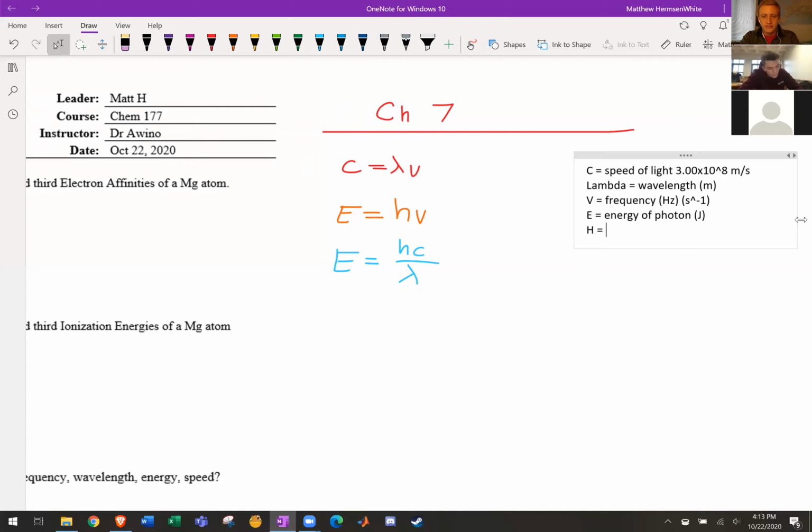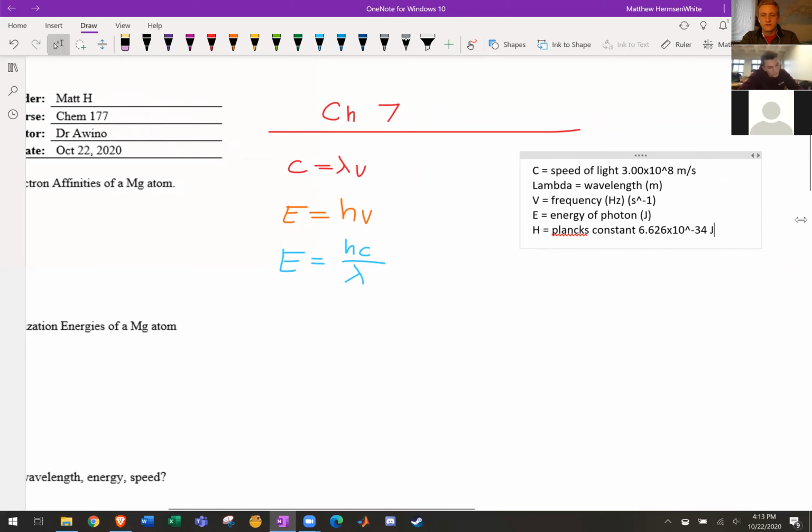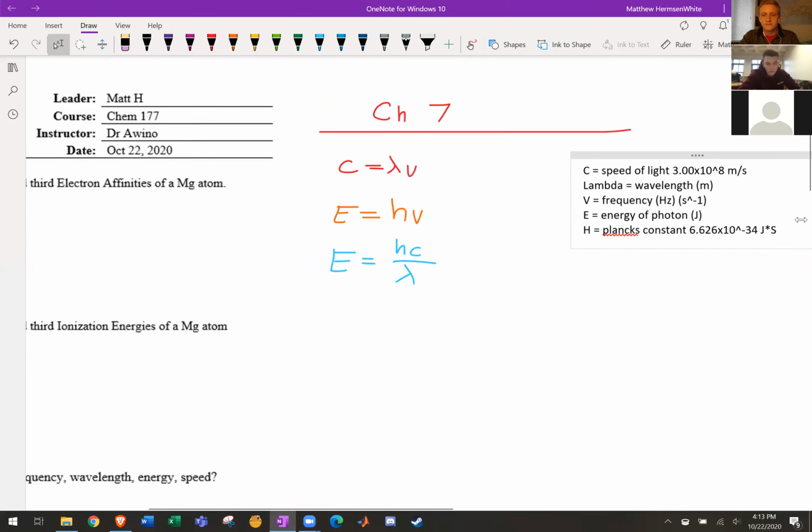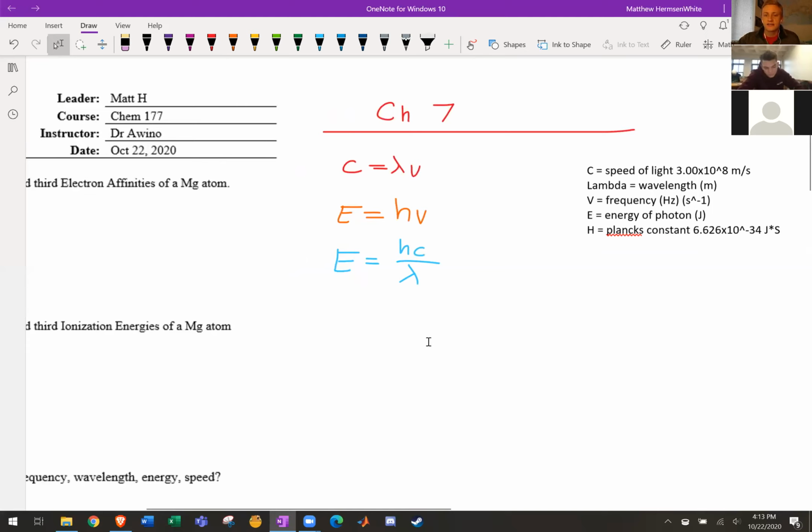H, this is Planck's constant. This is just a value. This is 6.626 times 10 to the -34 joules times seconds. So the speed of light and Planck's constant, those are always going to be the same. So you don't ever need to change those.